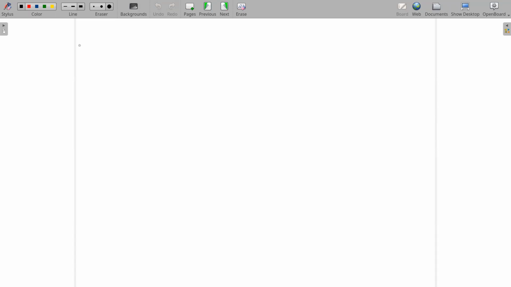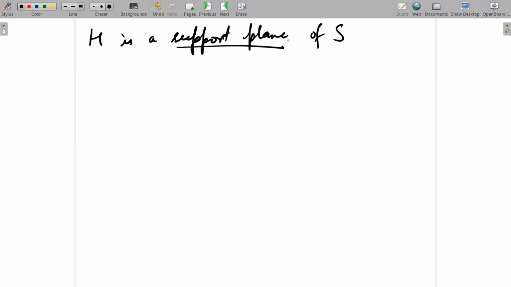So that was the definition of H supporting S. But we'll also use other words to describe H. H supports S, that was in terms of a verb, but we'll also use a noun for H. So H is a support plane of S. Those two mean exactly the same: H is a support plane of S, or H supports S, or S is supported by H, and so on.